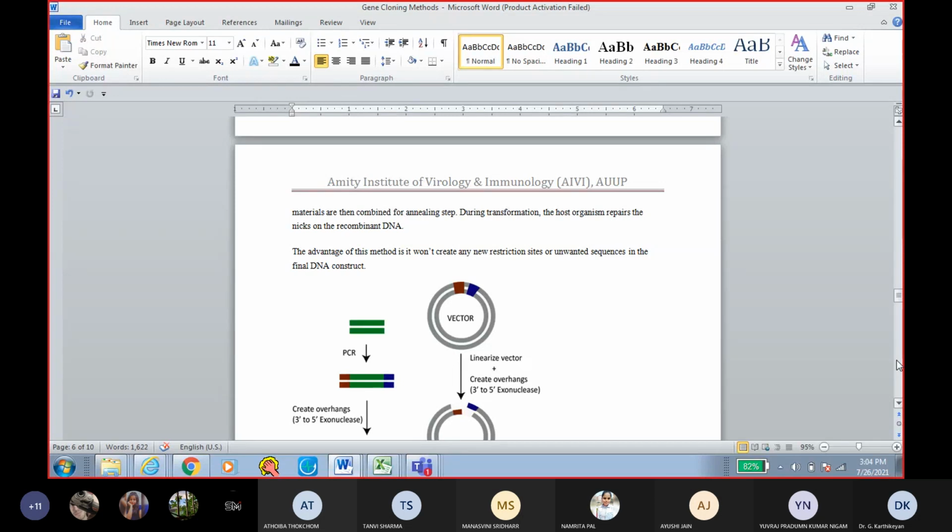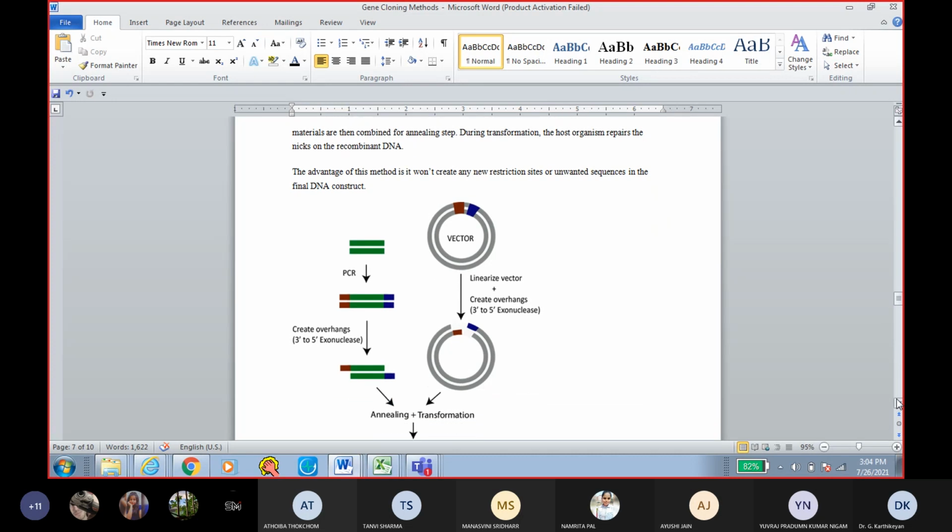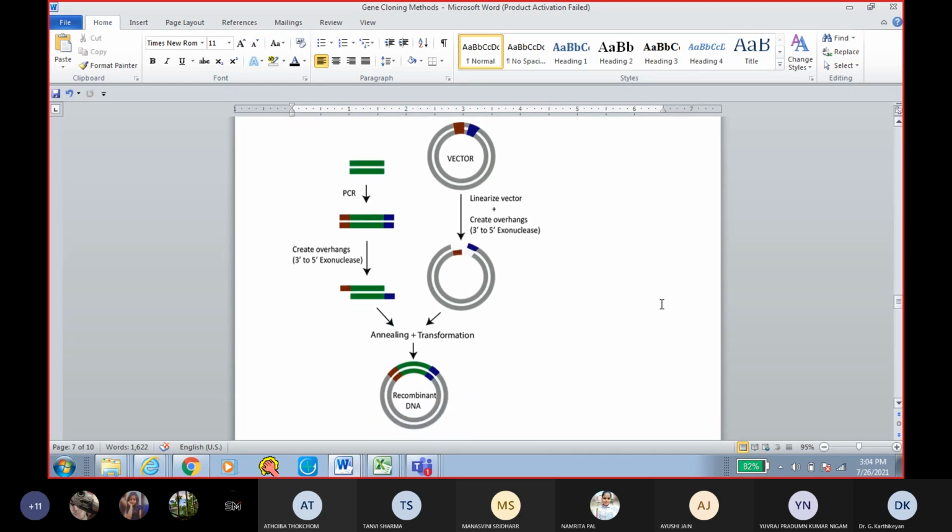So you're not using ligase from outside, but instead using the organism's ligase to link these two things together. That's why this is called ligase independent cloning. Typically for most cloning experiments, ligase is the most essential enzyme, but in this case you take advantage of the organism's ligase. This is what is schematically shown here.